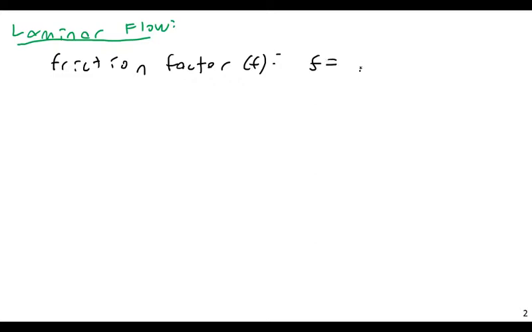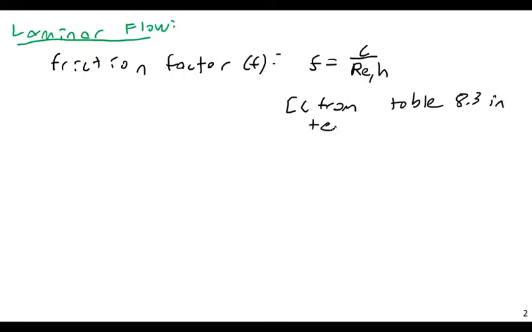Now the equation is going to be slightly different. It's going to be C divided by the Reynolds number, Reynolds number H. What this H stands for is hydraulic diameter, and C is going to be a constant from your text. C from table 8.3 in the text.